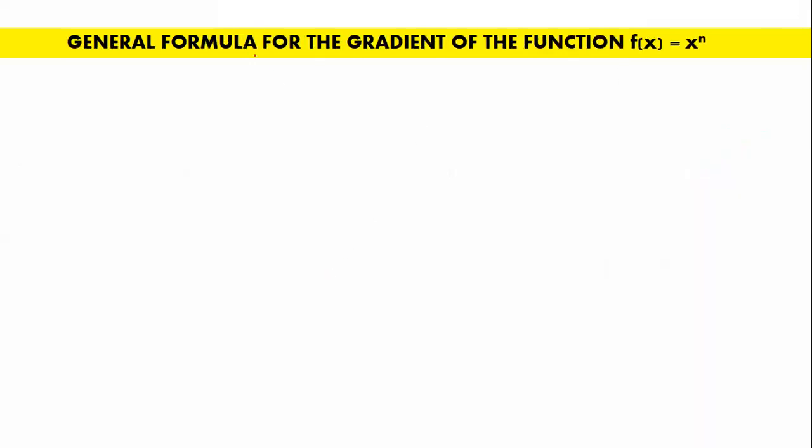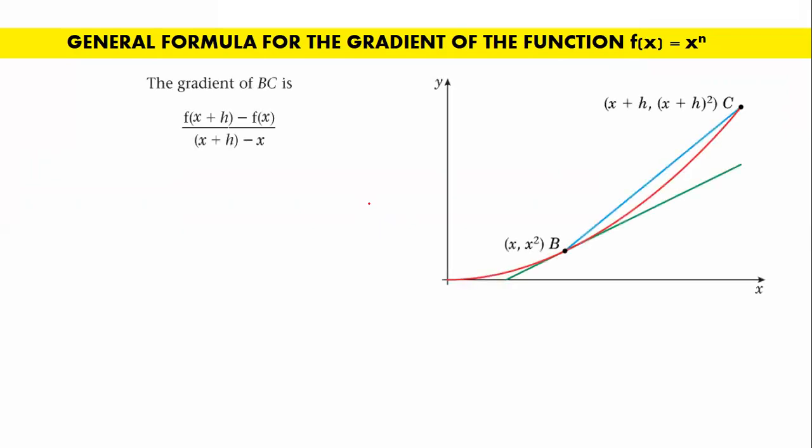Now, let's look at the general formula for the gradient of a function in the form of f(x) equal to x to the power n. We will again go back to the previous diagram and the formula. So the gradient of the BC chord can be given by f(x plus h) minus f(x) over (x plus h) minus x.